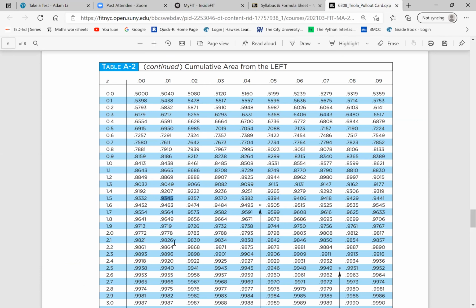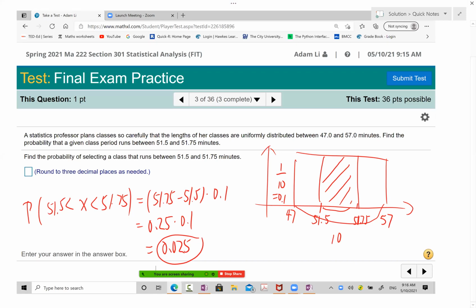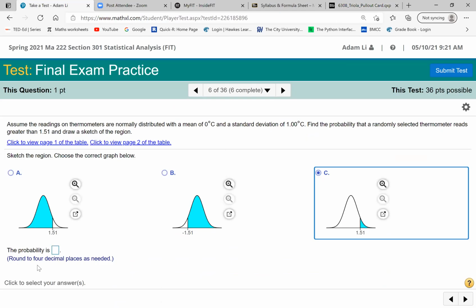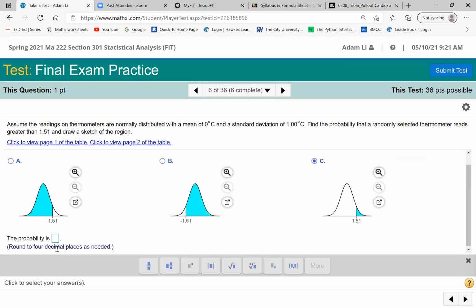So using 1 minus 0.9345, this turned out to be 0.0655. Okay, so the answer will be 0.0655.